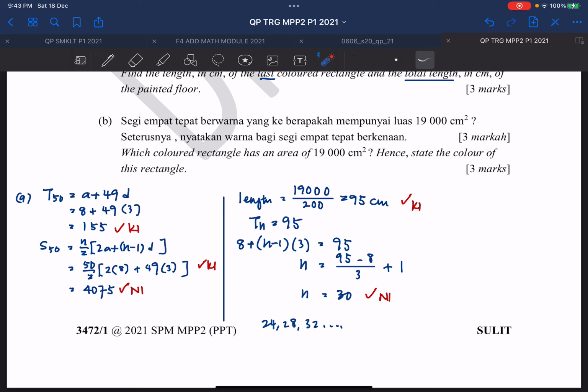This is the nearest. Why is finding multiples of 4 the easiest way to get the color? I will label here for a moment. I will find the multiples of 4, because every multiple of 4 will give me the last color.